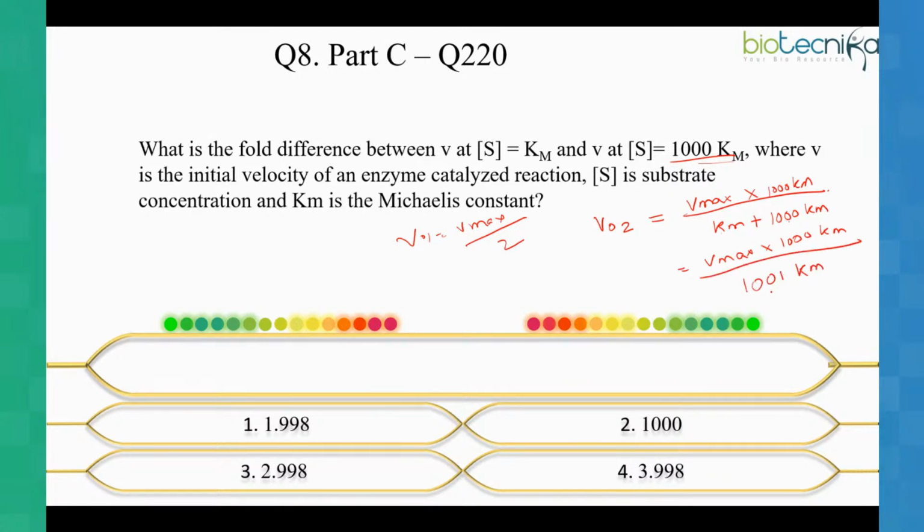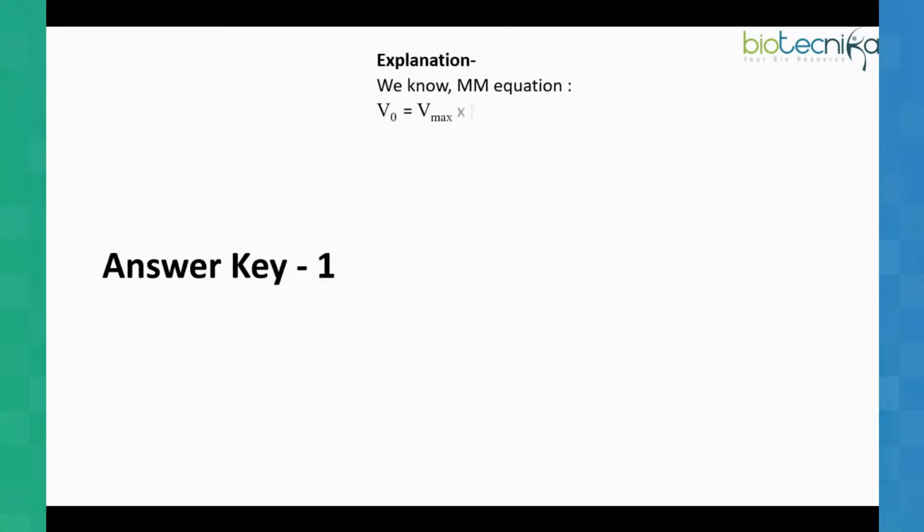This is almost the same, as you can see. 1001 and 1000 are about the same, so these two can be cancelled. So V02 is equal to Vmax. They have asked the fold difference, so V02, which is just Vmax, divided by V01, which is Vmax by 2. So the answer is 1.998, which is twice of it.